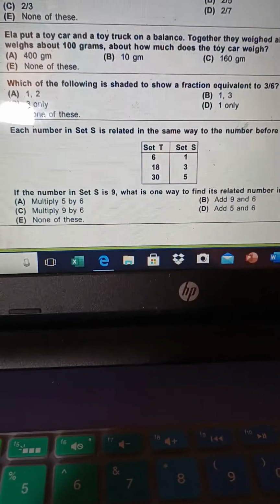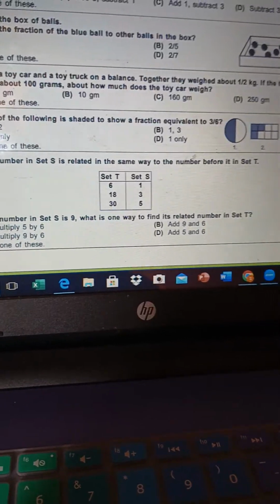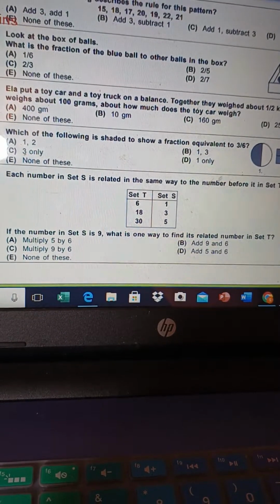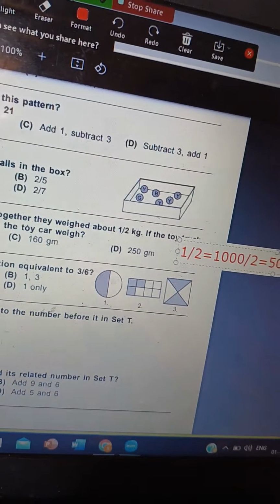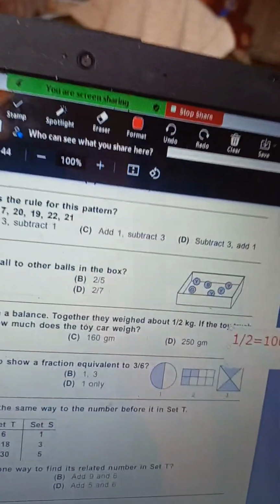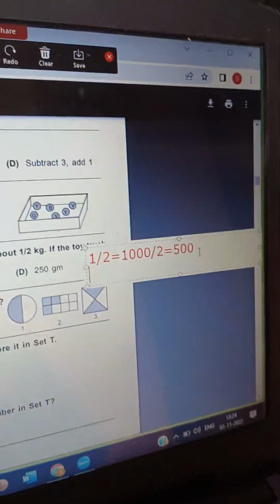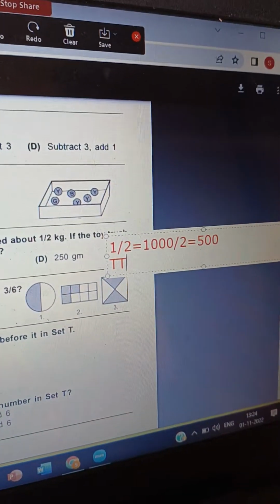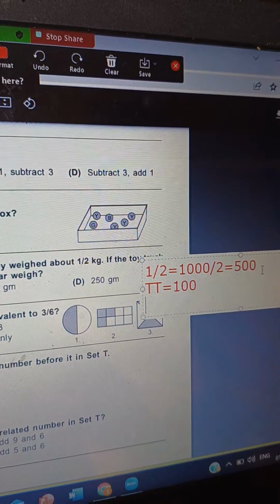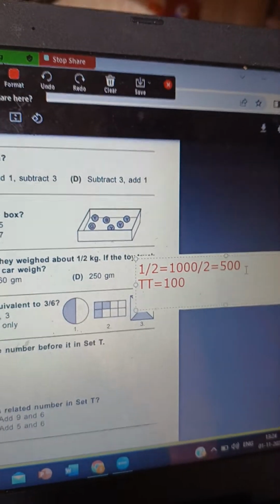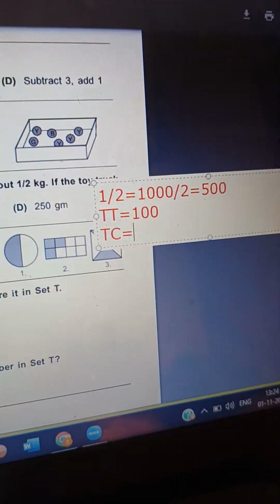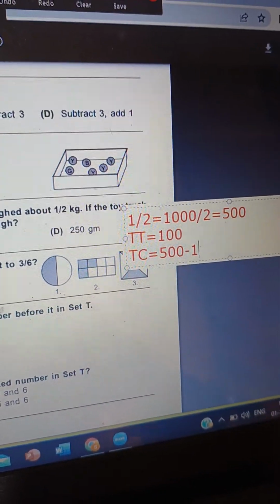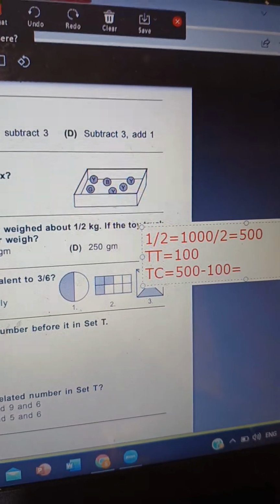So what are they asking for? The toy truck weighs 100 grams. So what is the weight of the car? So if we subtract 100 from 500, because the total weight is 500 and the toy truck weighs 100, the weight of the toy car will be 500 minus 100 is equal to 400.